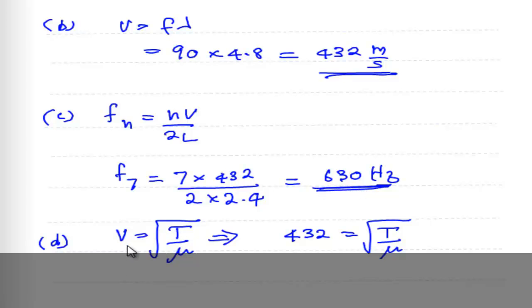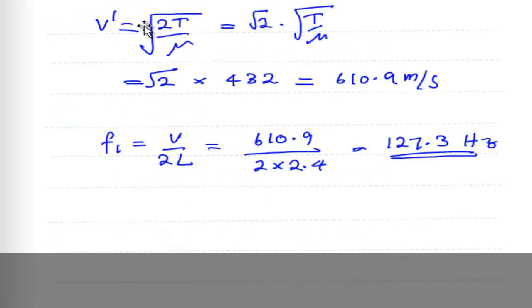The last question is to find the fundamental frequency if the tension is doubled. The previous velocity is 432, which is equal to square root of T over mu. But you can see that if we change T, that changes the speed. So first we need to find v before finding the fundamental frequency.